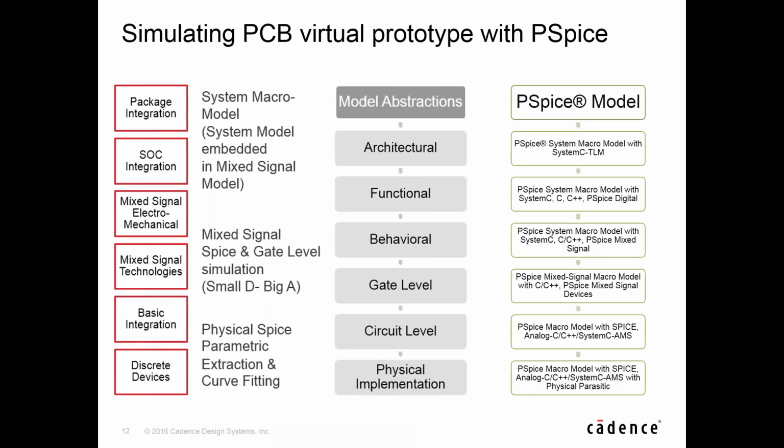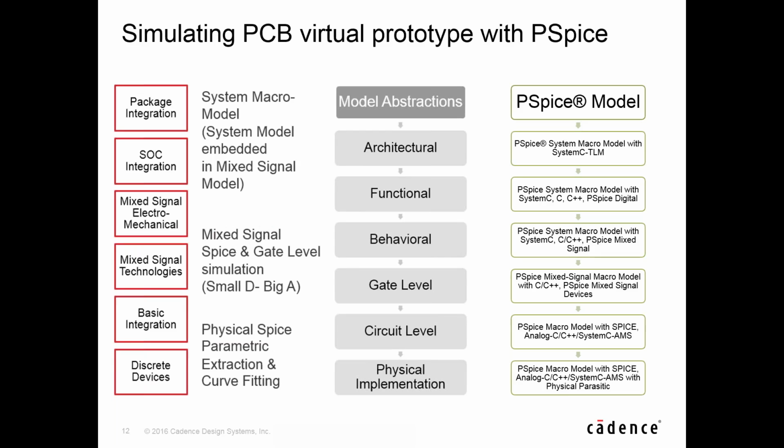And so how does that map to what can be done in PSpice today with our new support for mixed signal system simulation? If you were to consider all these different levels of model abstraction, PSpice can now support and enable you to use all of them. So if you have a system macro model developed in SystemC for an architectural model, we can now use that in PSpice.